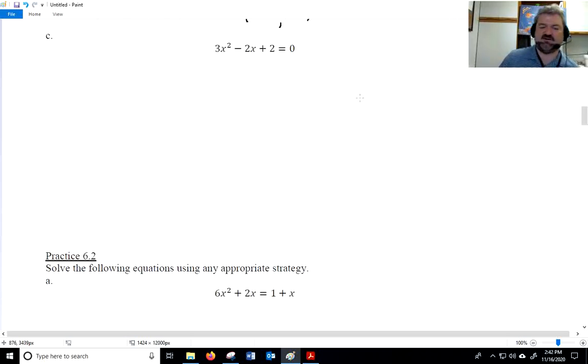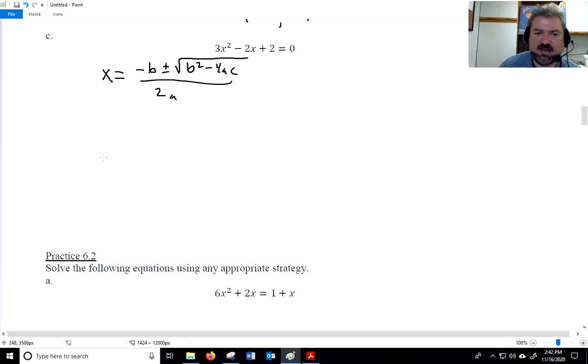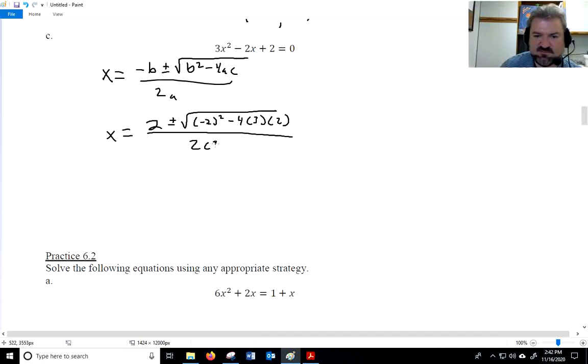All right, letter C. Okay, once again, we are practicing using the quadratic formula. Negative b plus or minus the square root of b squared minus 4ac all over 2a. So negative b would be 2 plus or minus the square root of negative 2 squared minus 4 times 3 times 2 for 4ac, all over 2 times 3.